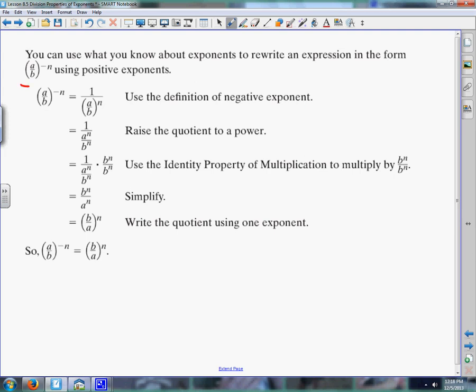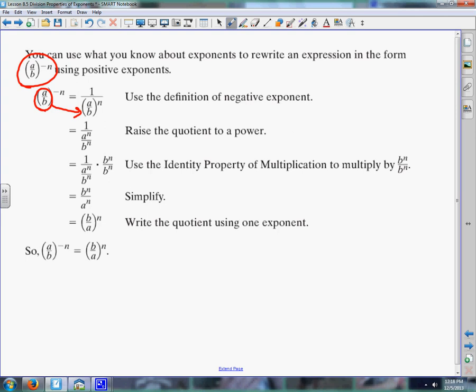Write down this. A over b to the negative n power. So what happens is that entire fraction has to go under 1. If you see here, they put this entire piece in the denominator because it was raised to a negative exponent. So that means then you have a fraction in a fraction, which is not allowed.